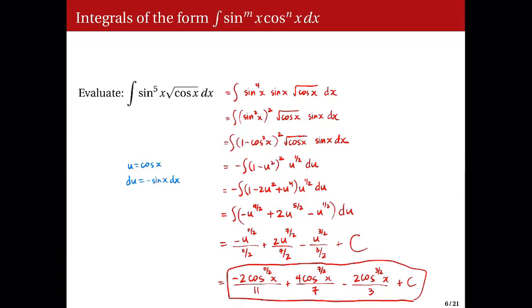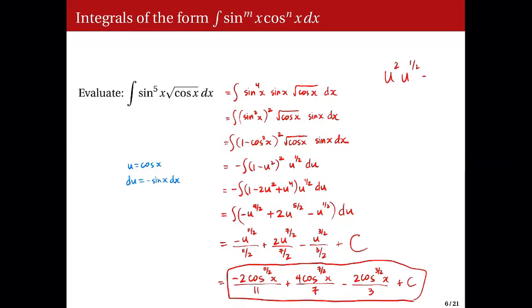Okay. Question? You raised your hand. So how did we get u raised to 5/2 in here? You have u squared times u raised to 1/2.